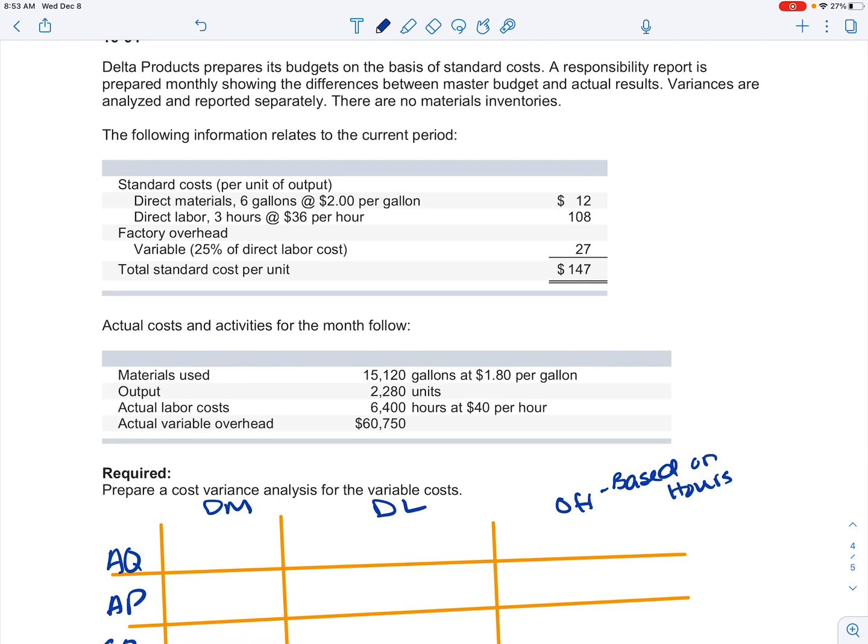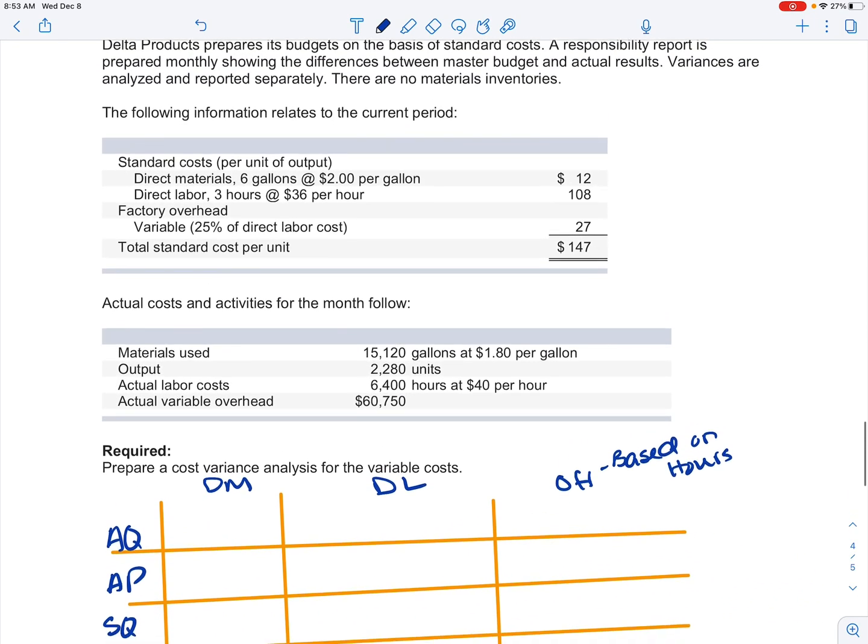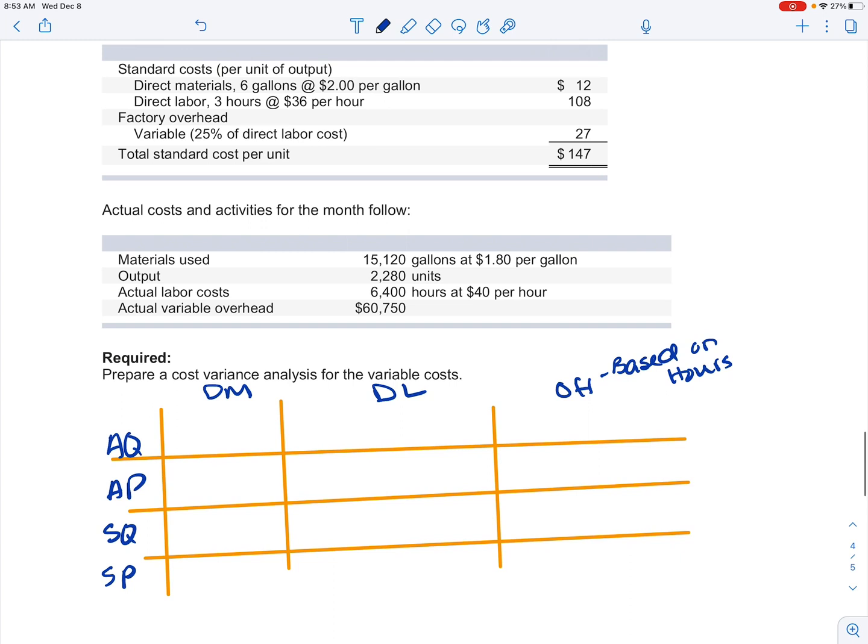So now let's go ahead with this information, build the chart we need. So actual, let's start there. So I'm going to find actual costs.